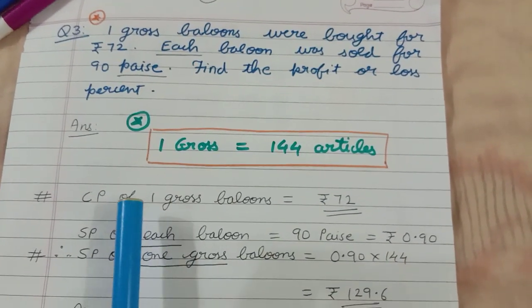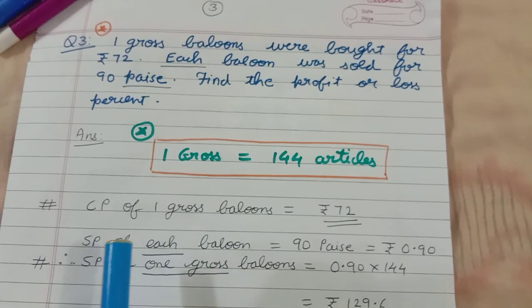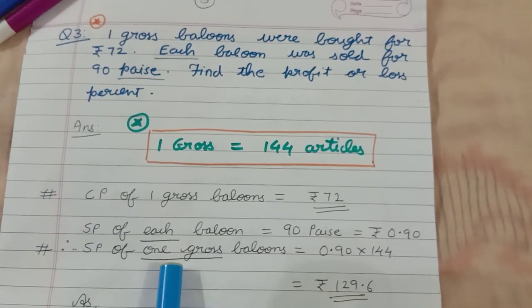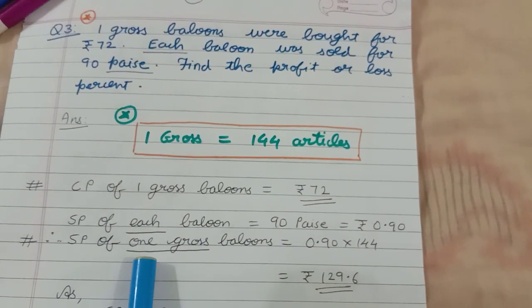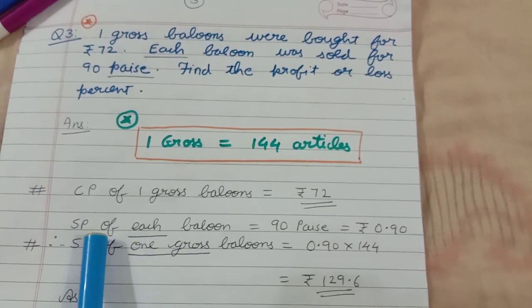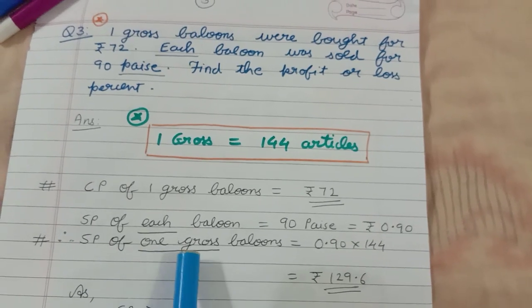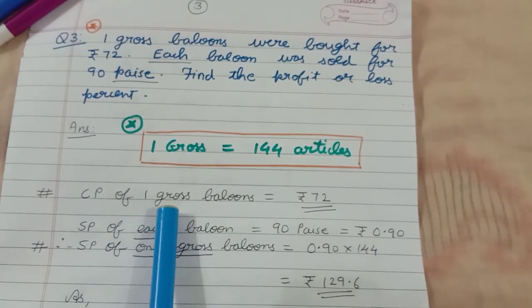But see, cost price is given for 1 gross balloons. So selling price should also be considered for 1 gross. First of all we got selling price for each balloon. Now selling price for 1 gross. Why so? Because cost price was given for 1 gross balloons.